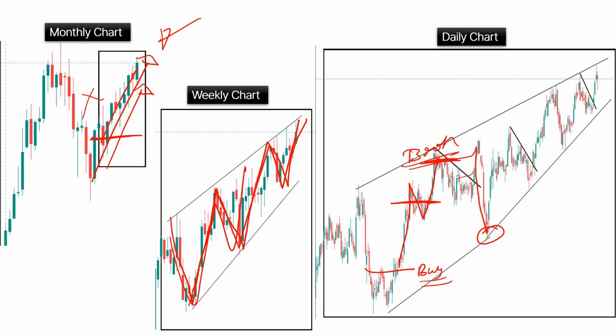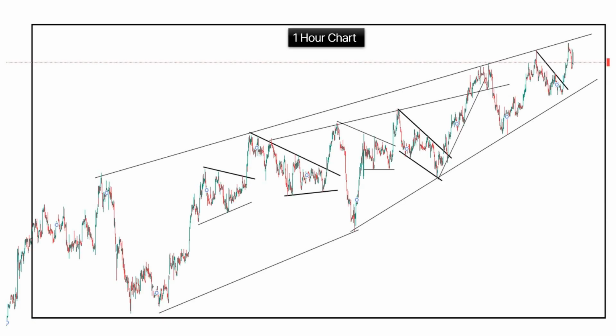So by switching across multiple time frames, you can identify multiple opportunities. Let's see what it looks like on the 1 hour chart and what patterns are forming. Can we find more opportunities out of this particular chart? You can see multiple trends going on.